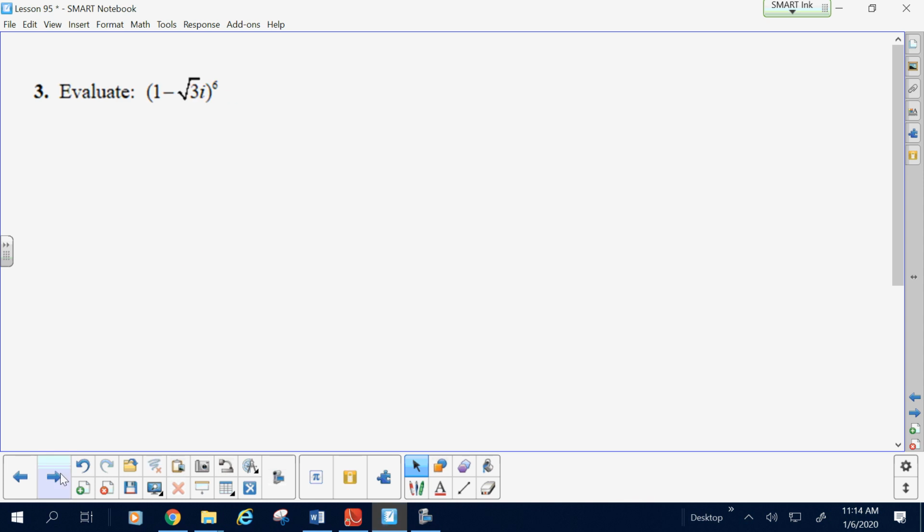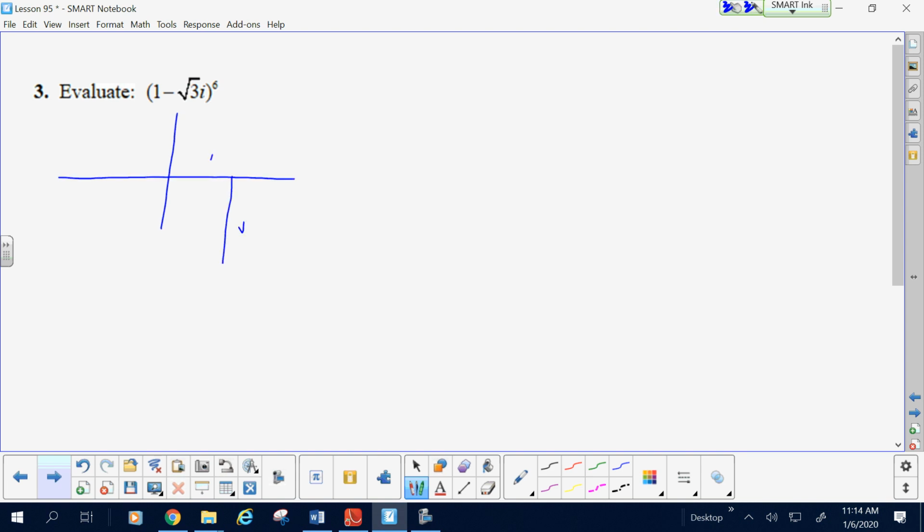Try the next one without a calculator now. How many answers will you get right off the bat? One answer, not 6. One answer. What quadrant? 4, I agree. If it's no calculator, it must be a reference kind of triangle.